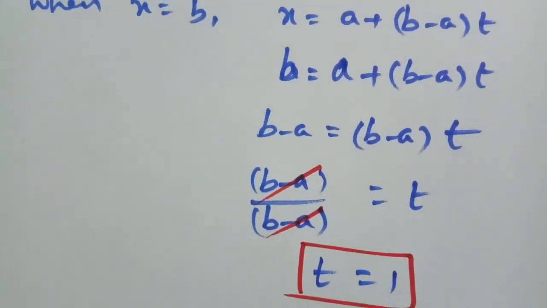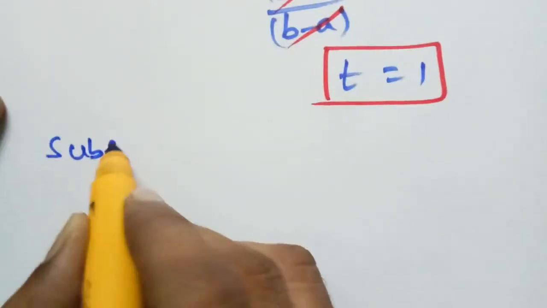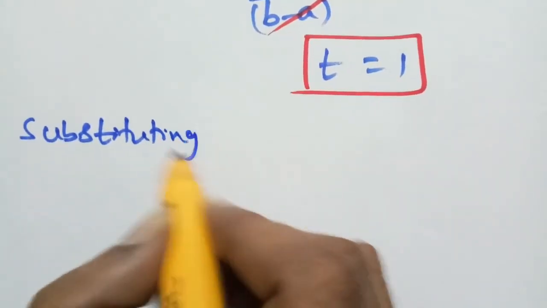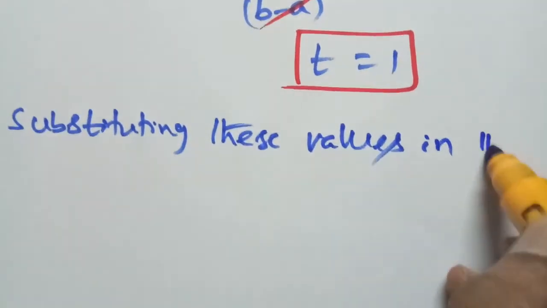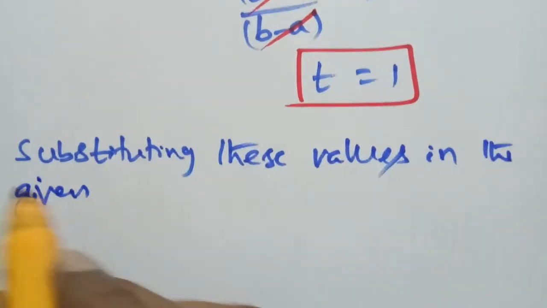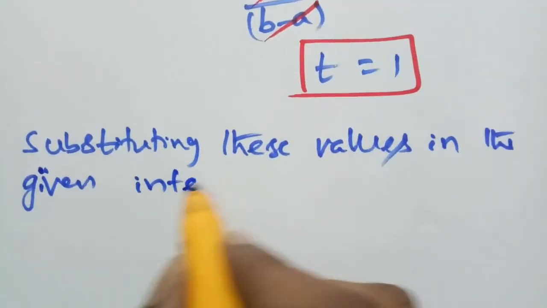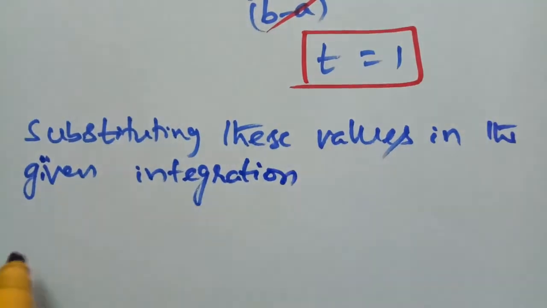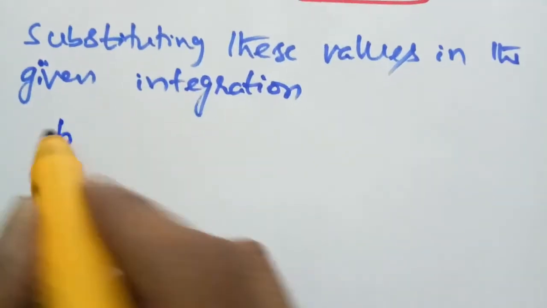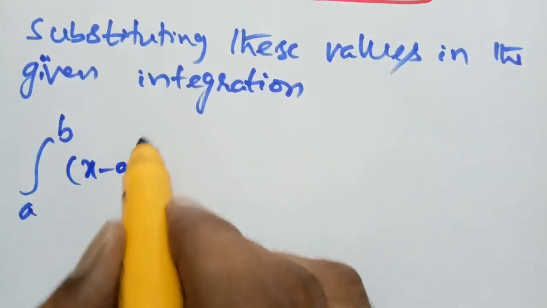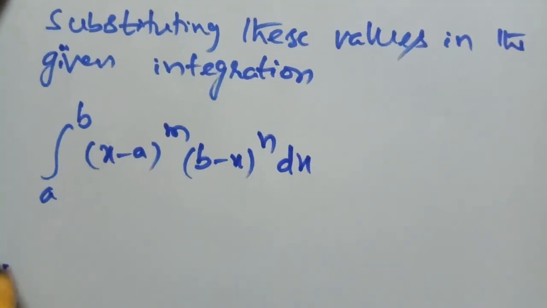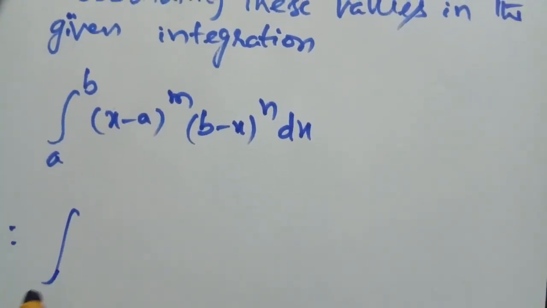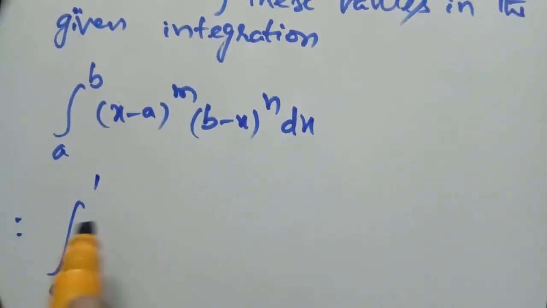Now substituting these values in the given integration. In the given integration, that is integral a to b, x minus a whole to the power of m into b minus x whole to the power of n dx, a becomes 0, b becomes 1 in terms of t.